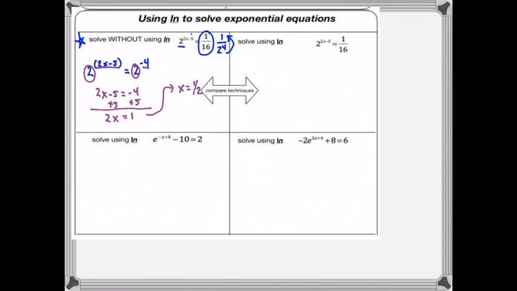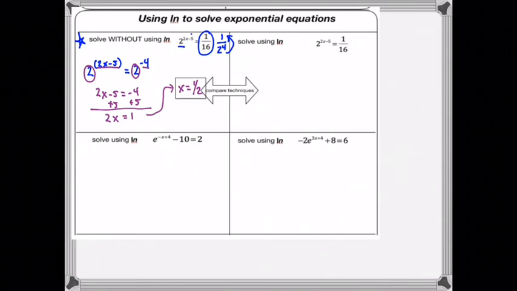So the problem with this method is that we need to be able to set up the like bases, and that's not always easy. And so therefore, I'm going to show you that this method, by taking the natural log of both sides, is going to work equally the same.